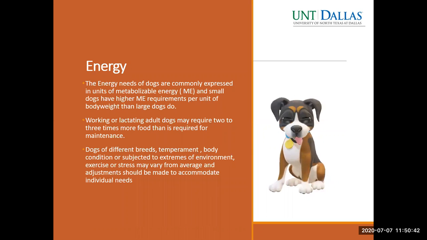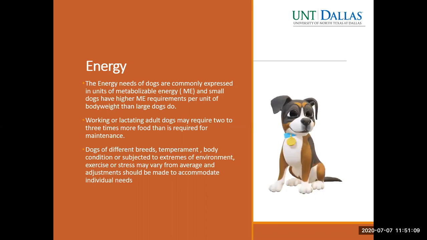So energy is also an important nutrient for dogs and cats. The energy needs of dogs are commonly expressed in units of metabolizable energy, and small dogs have higher metabolizable energy requirements per unit of body weight than large dogs. Working or lactating adult dogs may require 2 or 3 times more food than is required for maintenance.